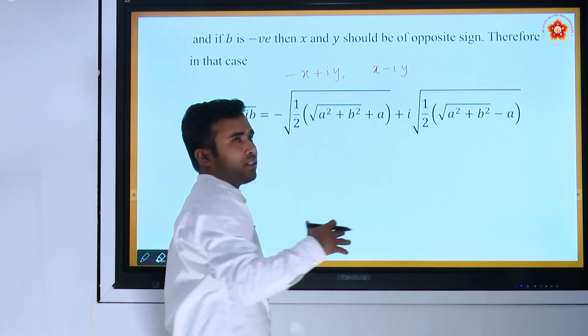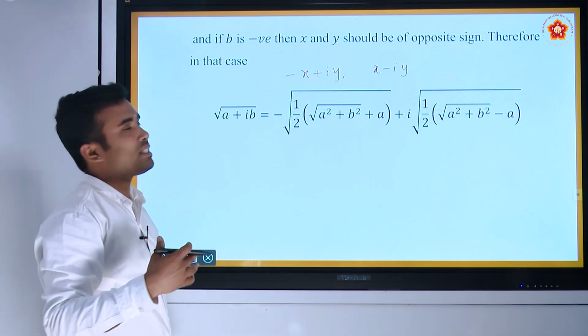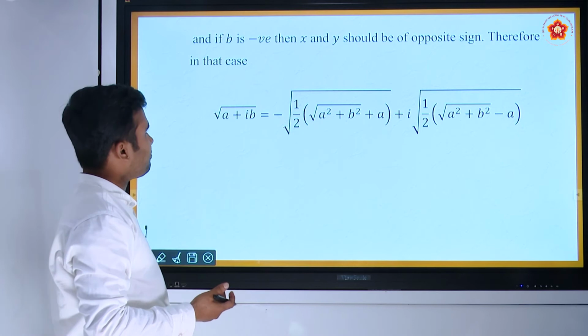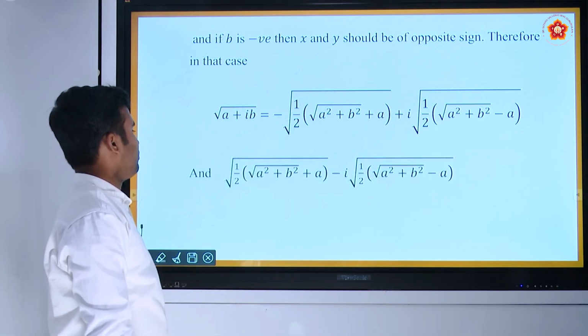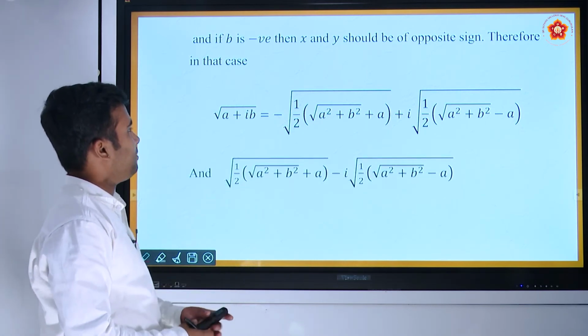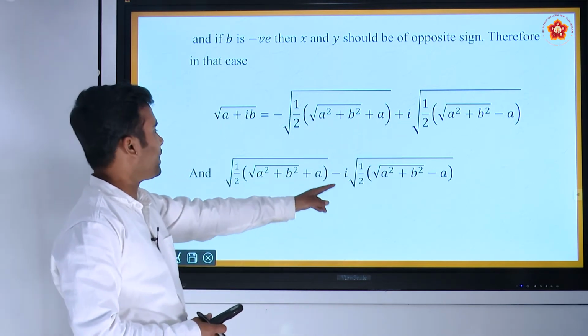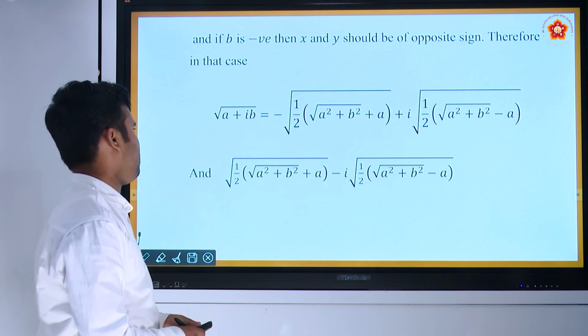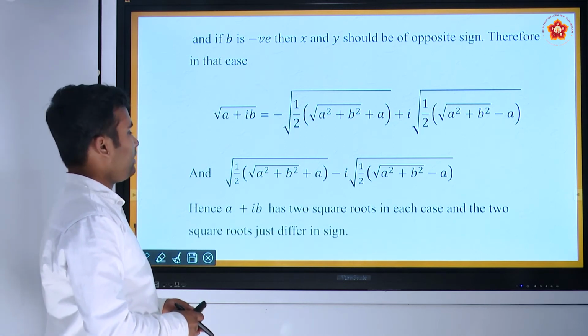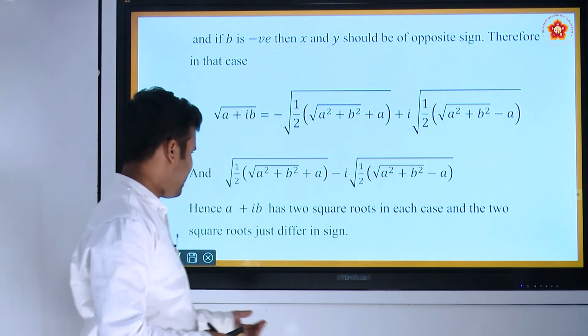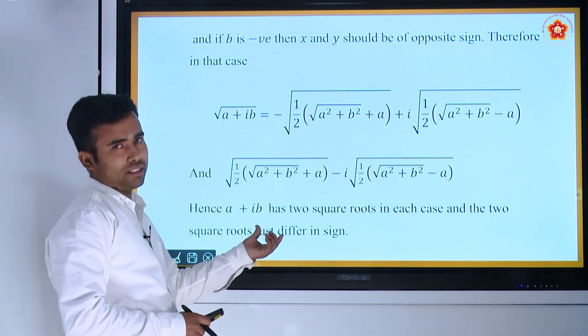So the signs of x and y will be altered. Like this, if x is negative, y is positive. If y is negative, x is positive. Hence, a plus ib has two square roots in each case, and the two square roots just differ in sign.